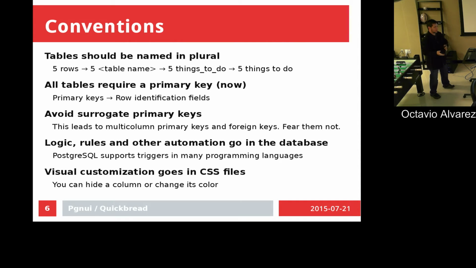I have to program the logic, but not a UI. And for visual customization, for example, if you want a particular column to be red, you just modify the CSS file for the system. I'm trying to expose many IDs and classes inside that generic code in order for it to be customizable.